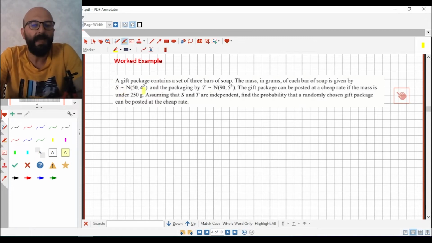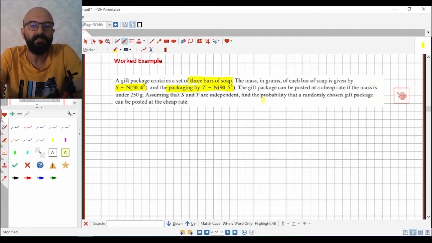A gift package contains a set of 3 bars of soap. The mass in grams of each bar of soap is given by S, a normal distribution, and the packaging T is also a normal distribution.